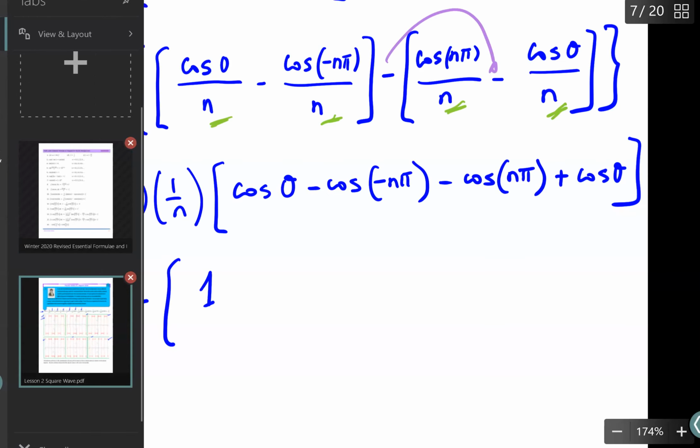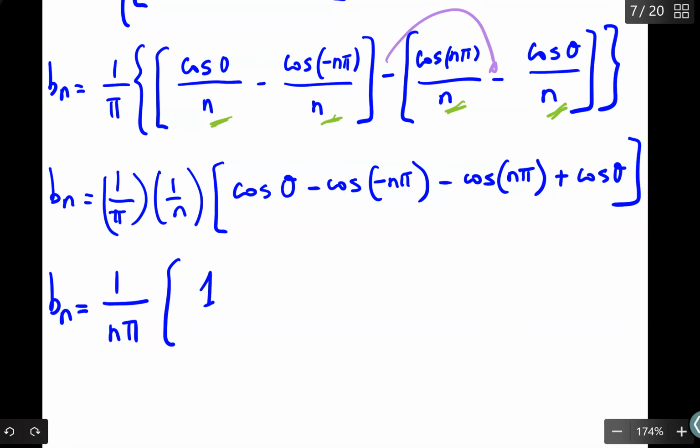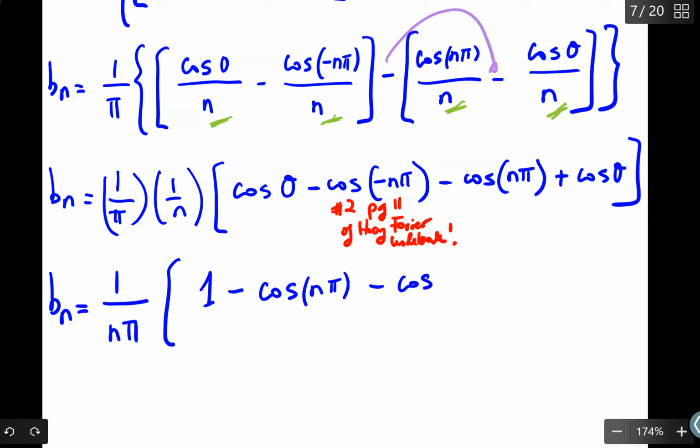So I will make a note here that I use number 2 on page 11 of the Fourier workbook. So subtract cos of negative n pi will be the exact same thing as cos of n times pi. Subtract cos of n times pi, and plus cos of 0, so it turns into 1.